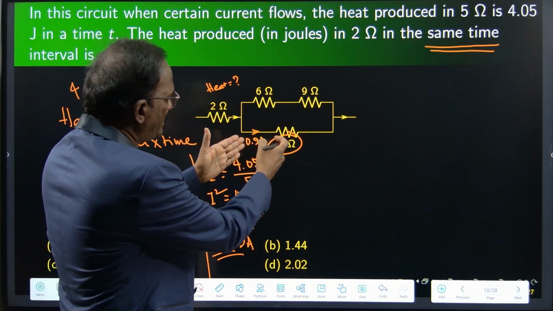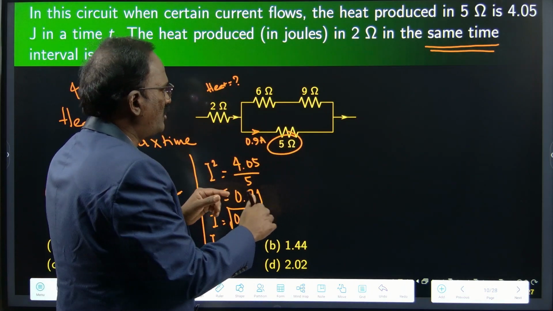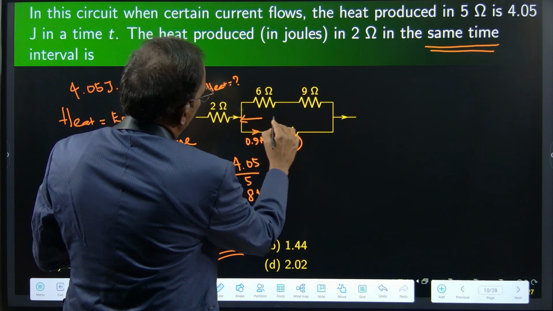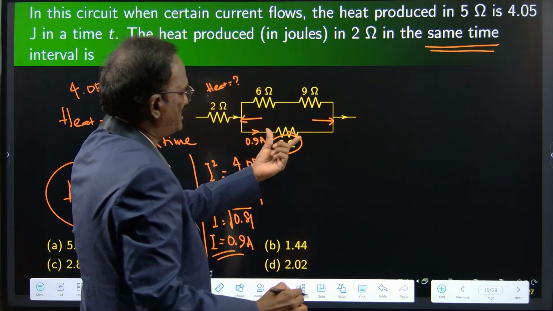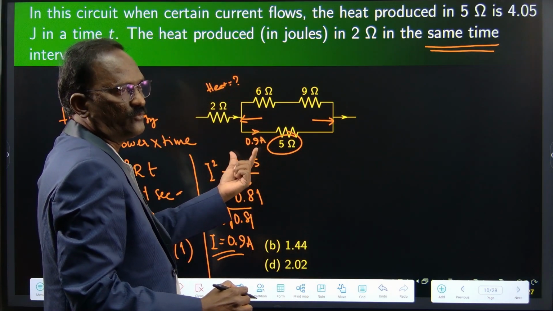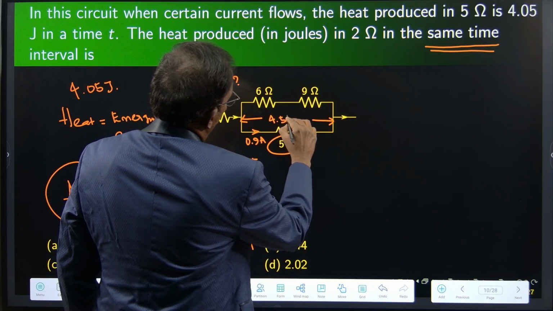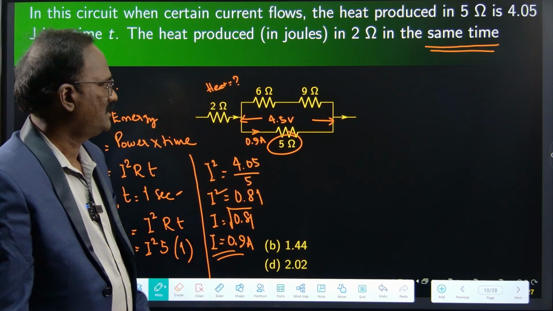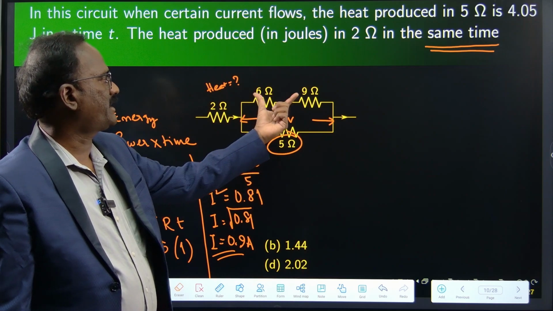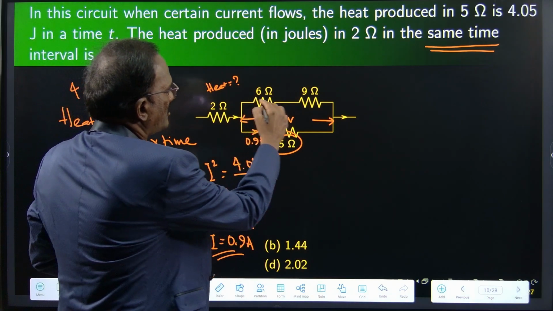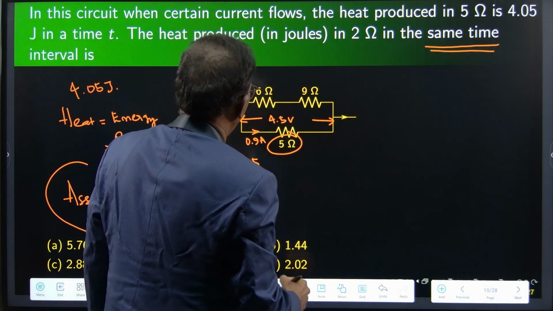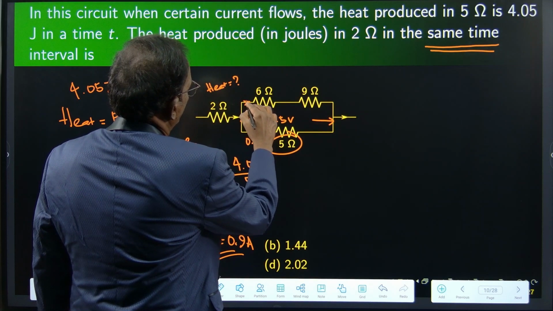Then 0.9 into 5 will give the voltage across this 5 ohms resistance. 5 into 0.9, this is 4.5 volts. This 4.5 volts is appearing across this 15 ohms. This combination is 15 ohms, right? So this current I can easily calculate.